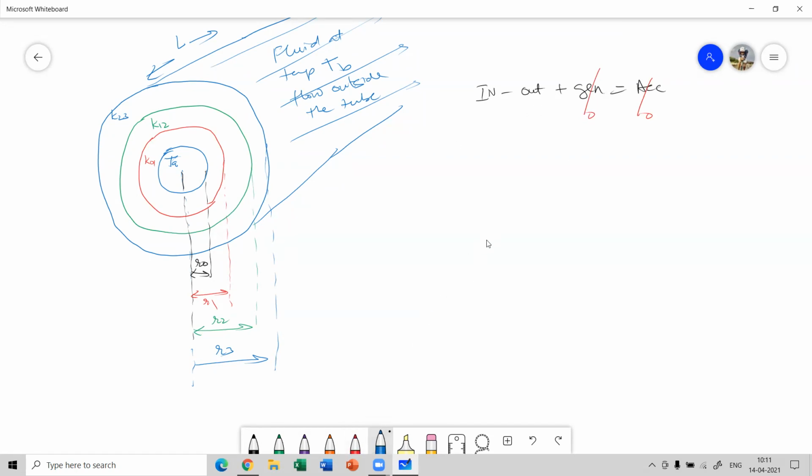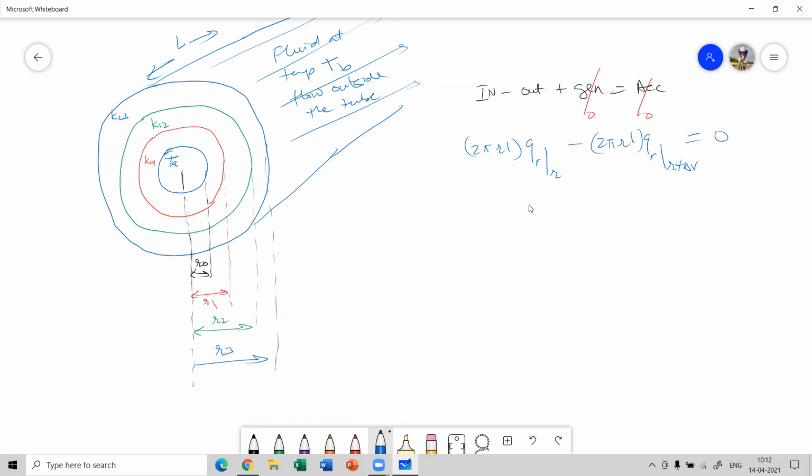Now if you apply the shell balance for region 0 to 1, that is for this part, it will be 2 pi R L, that is the circumference of the shell, into Qr occurring at R. And similarly, 2 pi R L, the surface area basically of the ring, into Qr occurring at R plus delta R, equal to 0.